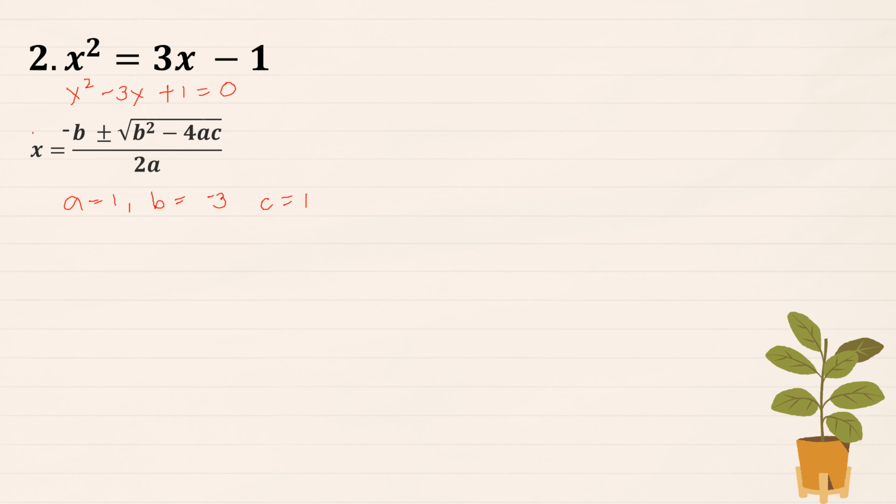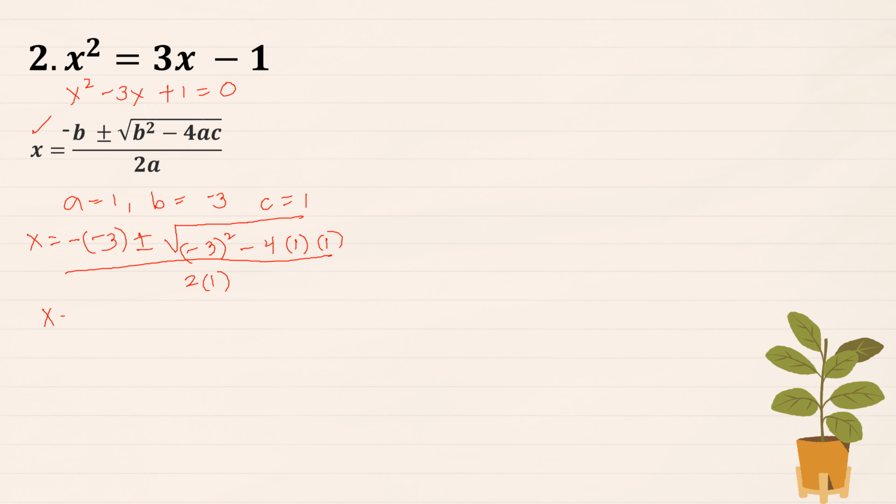So substituting into the formula, x will be negative b, but our b itself is negative 3, so we need to be careful of the sign. Plus or minus, our b is negative 3, then we square it, minus 4 times 1 times 1, and this will be all over 2 times 1.